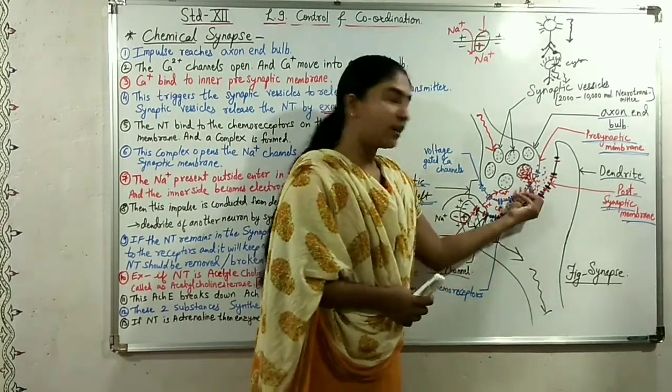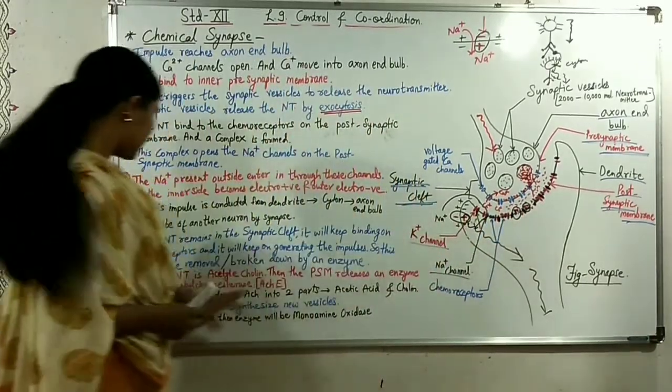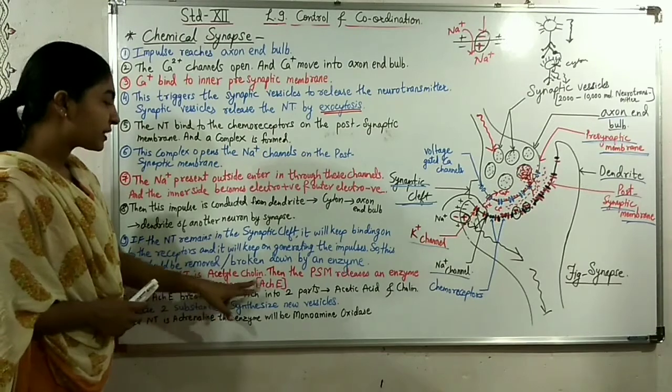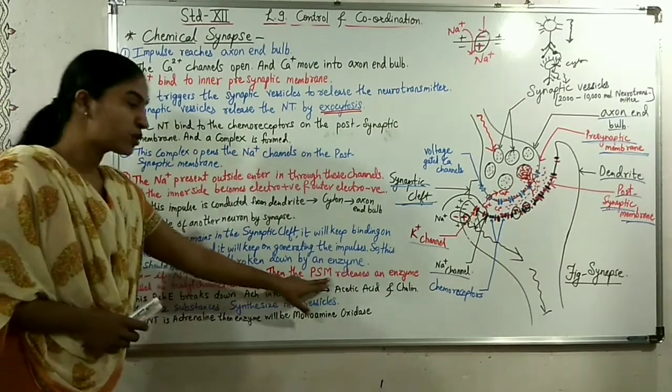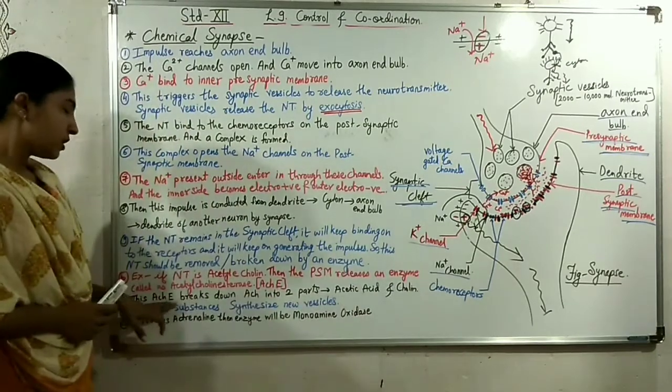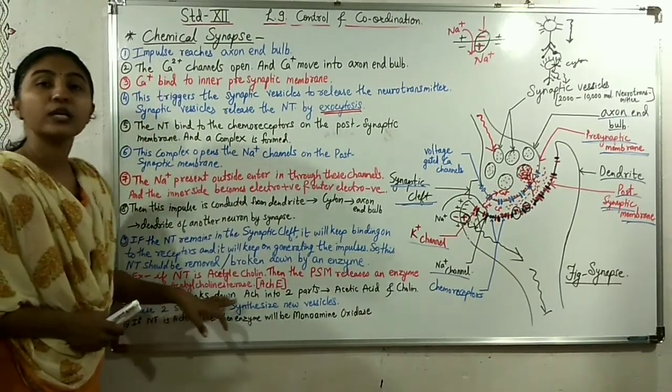For example, if the neurotransmitter is acetylcholine, then the postsynaptic membrane releases an enzyme. That enzyme is called acetylcholine esterase.